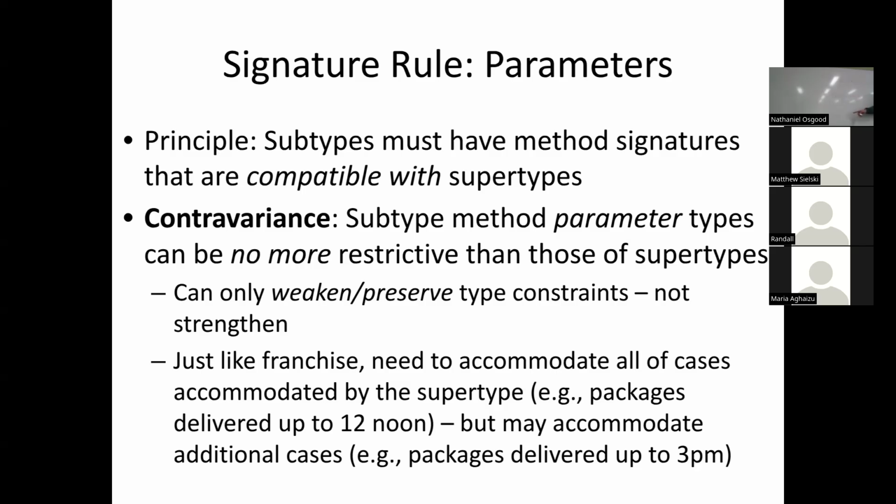We could take things up till 3 p.m. These are the things we need to do our job. These are the things that need to be provided to us. When the package is delivered to the franchise, we can be more loose. The parameter that's given to us, we can be more loose than the supertype. Do you get that?